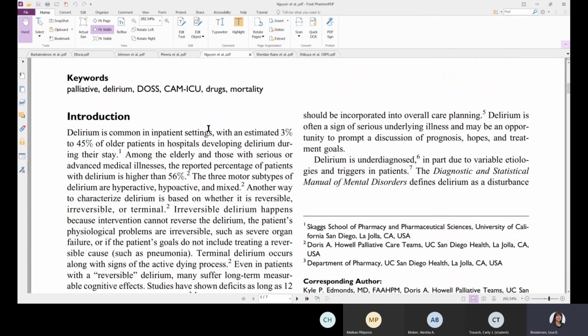They said it's common in inpatient settings, and they give you an estimation of the rate of delirium in hospital settings for older adults. They cite a source, and then they make another claim about delirium and the elderly. The percentage of patients with delirium in the elderly is 56%. They cite another source, and then they're very consistent about citing sources here, which I like.